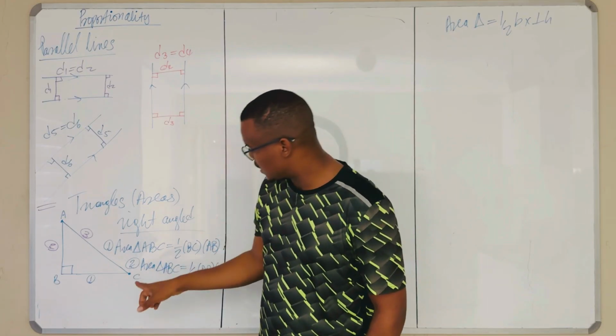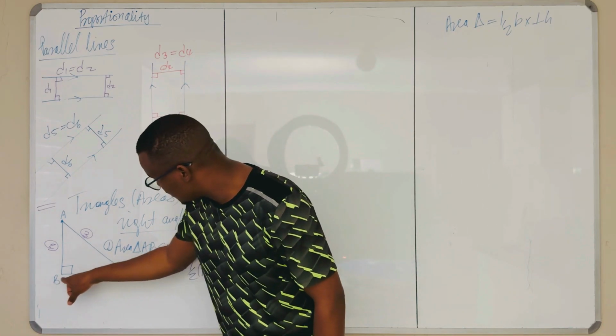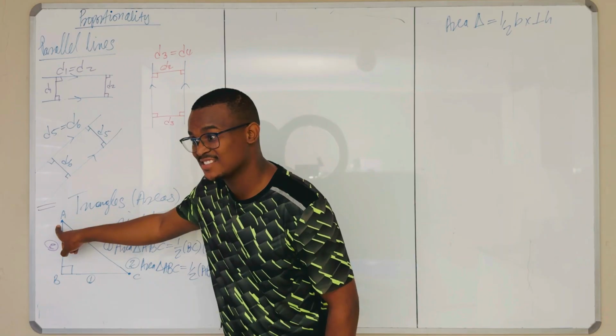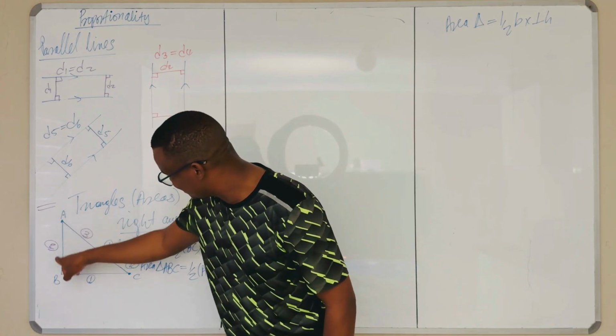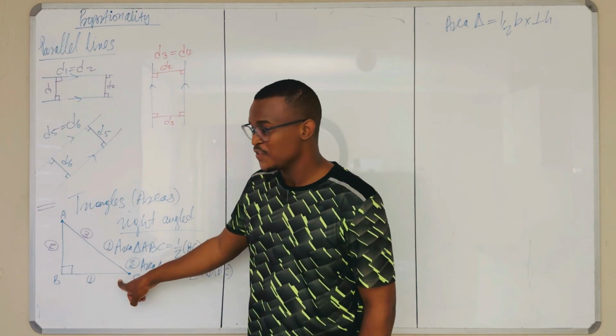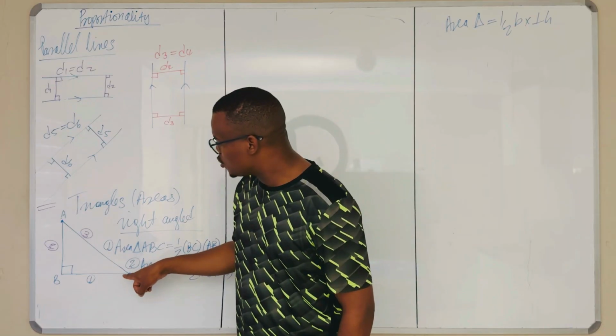Yes. Because you said this is your base, right? Yes. This is your base. Perpendicular height starts from this base of yours to the third vertex. Yes. And you said this is your base, and your perpendicular height starts from this base of yours to the third vertex.